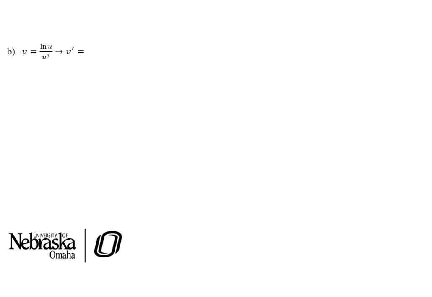Okay, v equals natural log of u divided by u cubed. So applying our quotient rule, we must take the denominator times derivative of the numerator minus the numerator times derivative of the denominator divided by denominator squared.